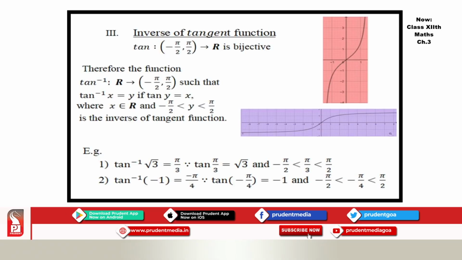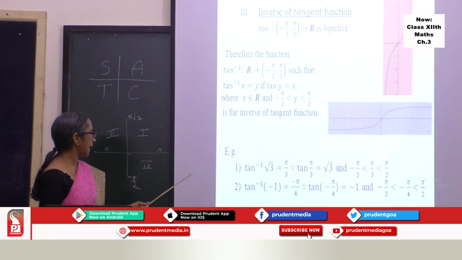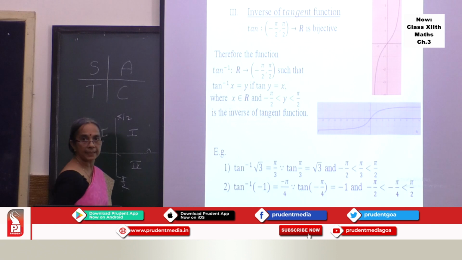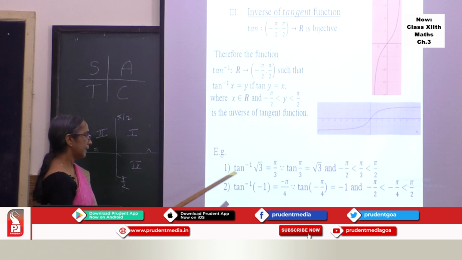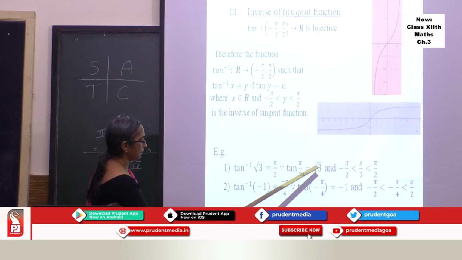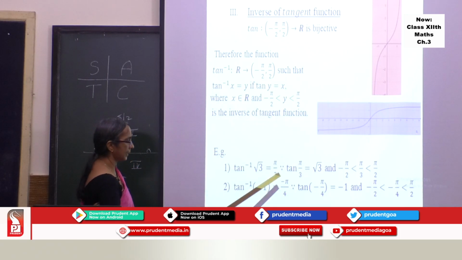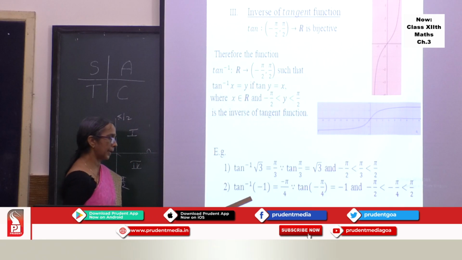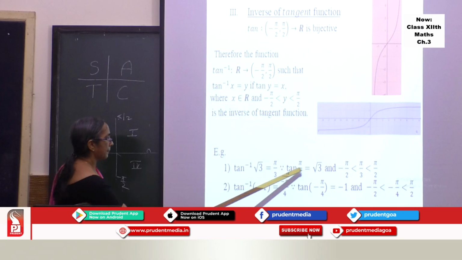Okay, let us see two examples. Here, tan inverse of positive root 3 is pi by 3, 60 degrees. Tan 60 is root 3, you know that. Tan pi by 3 is root 3. But don't write in degrees, you should write it in radians. Because pi by 3 lies between minus pi by 2 and plus pi by 2, and tan pi by 3 is root 3.